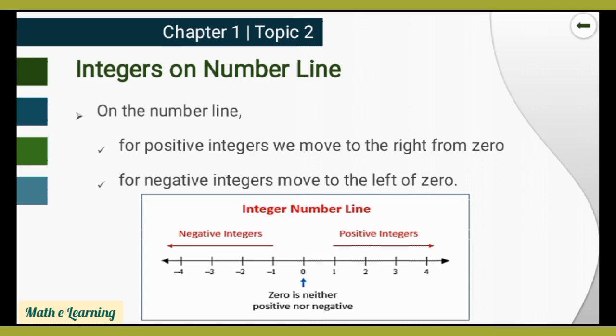So we represent 0 in the middle of this number line, positive integers on the right side of 0 and negative integers on the left side of 0. And one more thing about 0: 0 is neither positive nor negative.